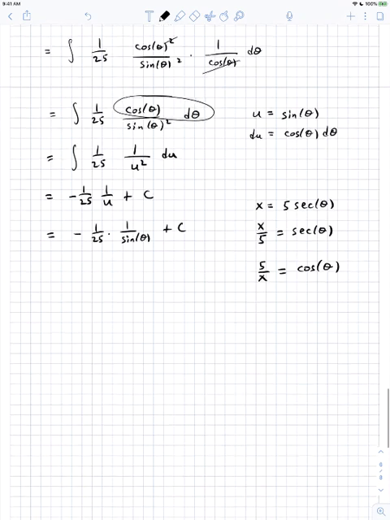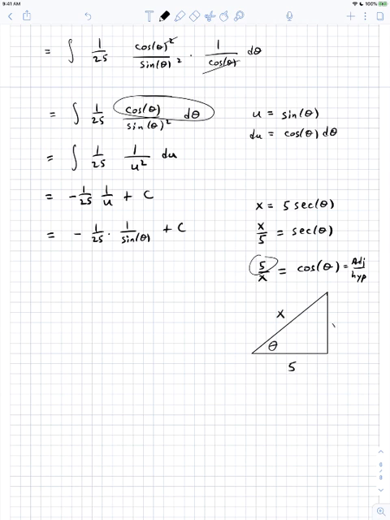So again, we can draw a right triangle, like so. This is our angle theta. But now, cosine, which is adjacent over hypotenuse, gives us 5 as the adjacent side, and the hypotenuse is x.